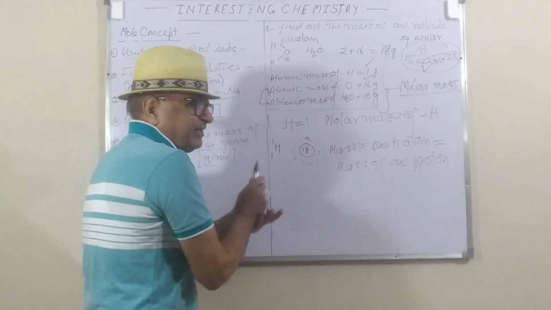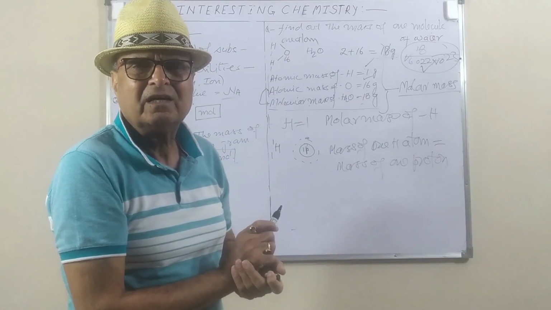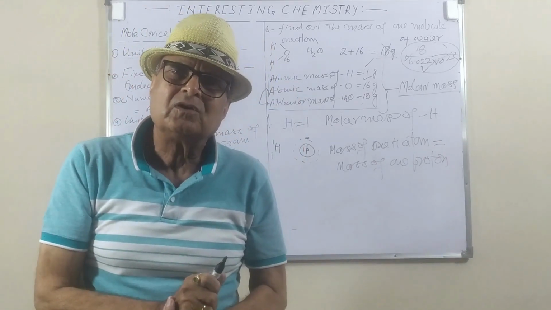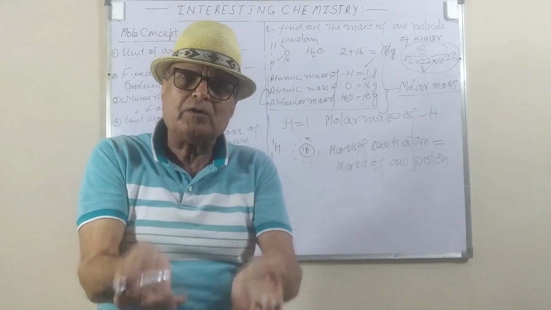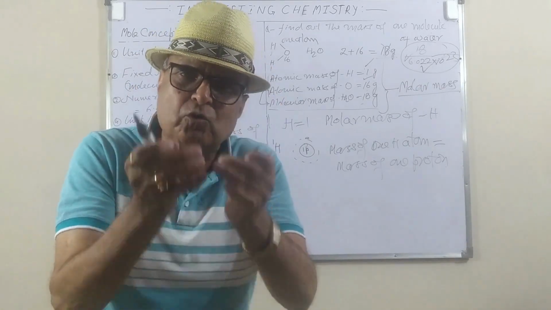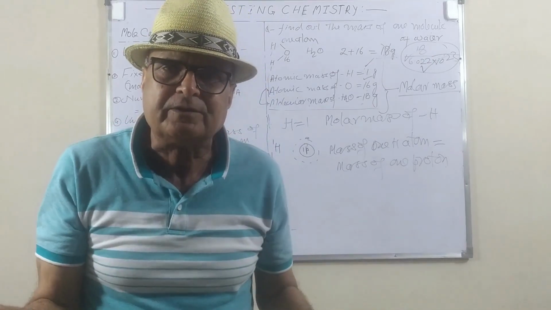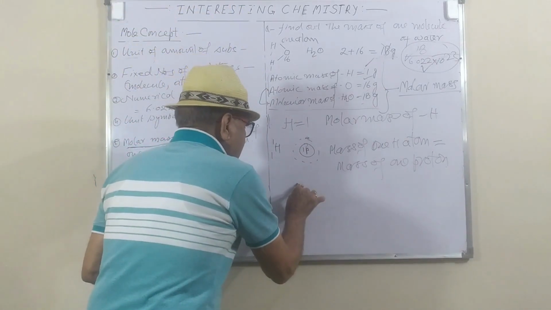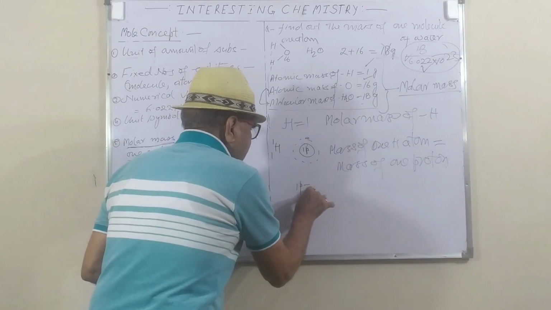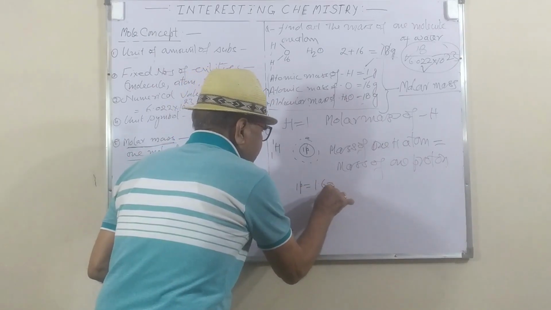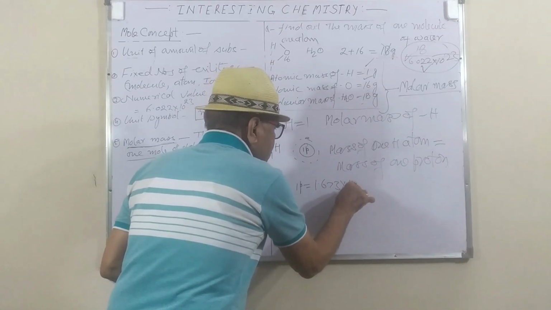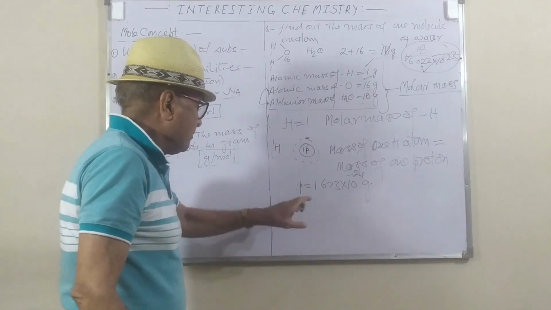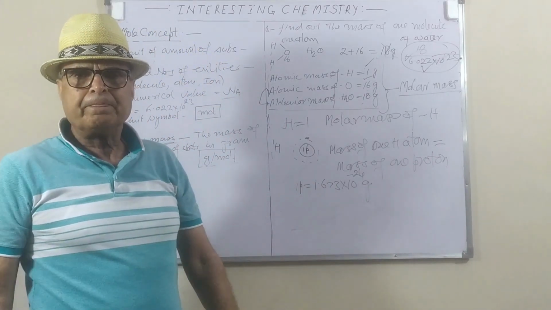This structure tells us, because hydrogen has only 1 proton, the mass of 1 proton will be equal to the mass of 1 atom of hydrogen. And now we know that the mass of 1 proton is equal to 1.673 into 10 raised to the power minus 24 gram.